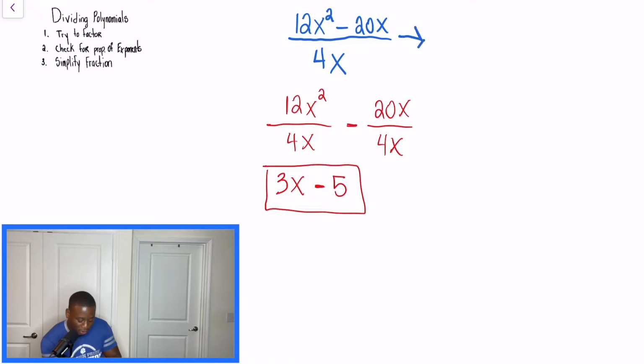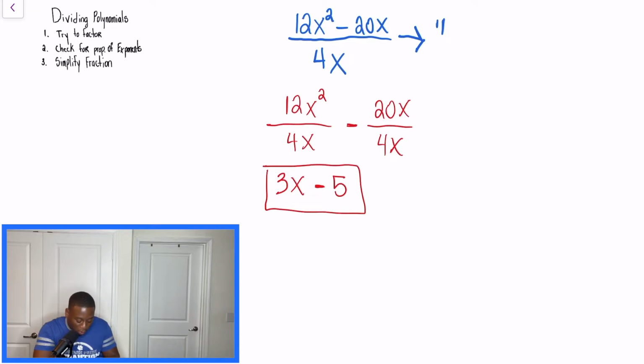So let's go back to the top in blue, and let me show you guys. Let's think about the greatest common factor. We're thinking about a number that we could divide both 12 and 20 by to make it smaller. What I notice is that both of them could be divided by 4, and I could also take out an x. So this is what I mean.